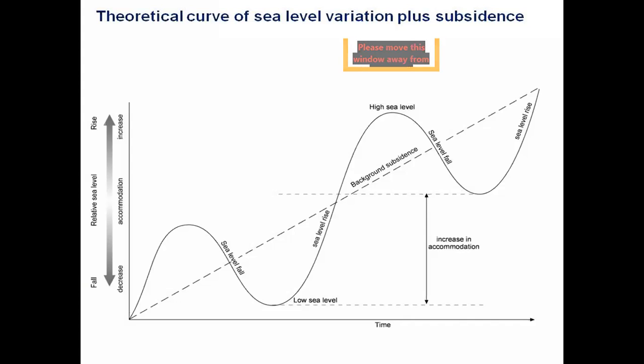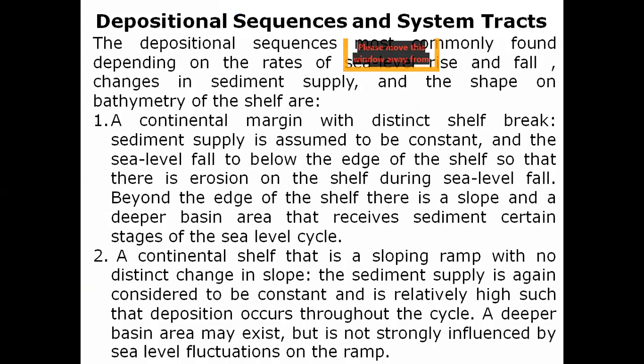So when there is no space but sediment supply is there, the sediment will pile up along the shoreline, and it will laterally move towards sea, and the distance will increase from the specific point with time. And also the deposition pattern will change along with it.